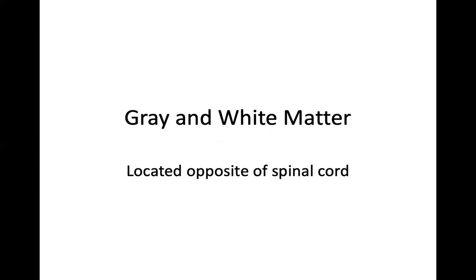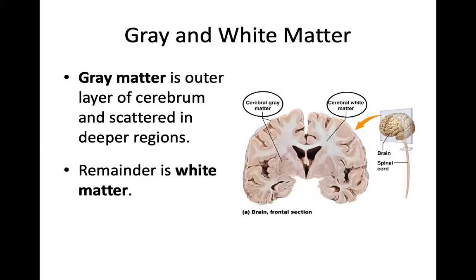Now, the gray matter and white matter. In the spinal cord, we know that gray matter is inside and white matter outside, but here it is the opposite. If I take a cross section, I see that the white matter is inside, surrounded by gray matter.